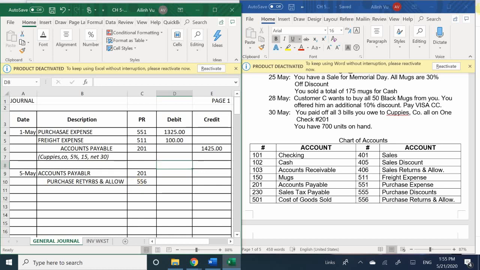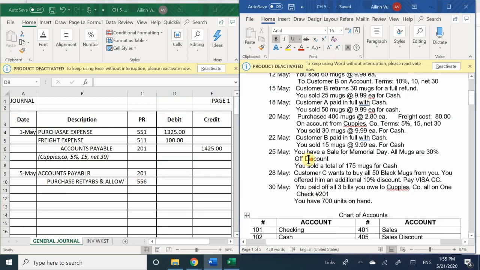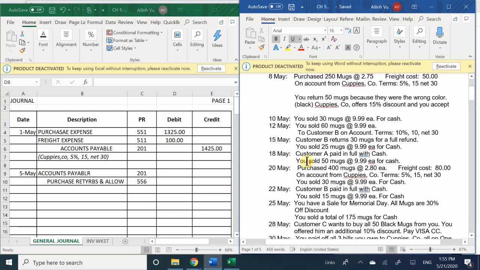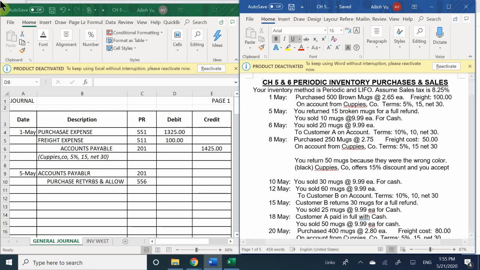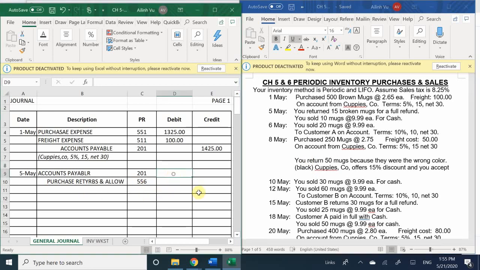How many items are we asking to get a refund for? 15 mugs. Okay. How much did we originally buy it for? 15 times 2.65, so $39.75.